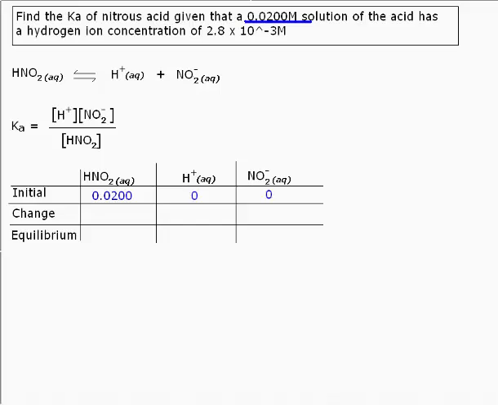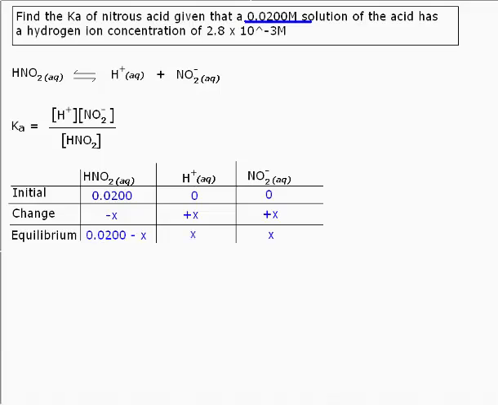We know that as the aqueous reaction takes place, the concentration of nitrous acid is reduced by some unknown value x, while the concentration of hydrogen and nitrite are increased by an equivalent amount. In order to determine the equilibrium concentration, we simply add the initial concentration to the change in concentration.